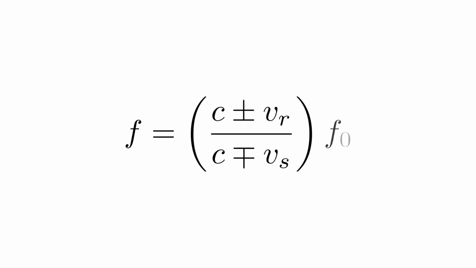This is the formula for the Doppler effect, where f is the observed frequency, f0 is the emitted frequency, c is the speed of the wave, in this case the speed of sound in the Earth's atmosphere, Vr is the speed of the receiver, and Vs is the speed of the source.